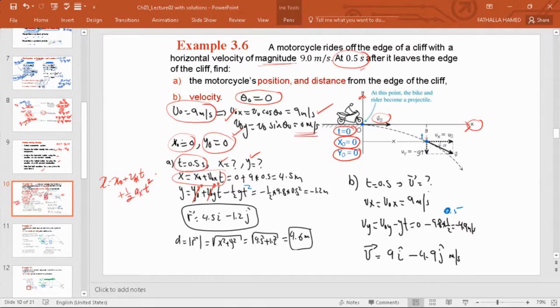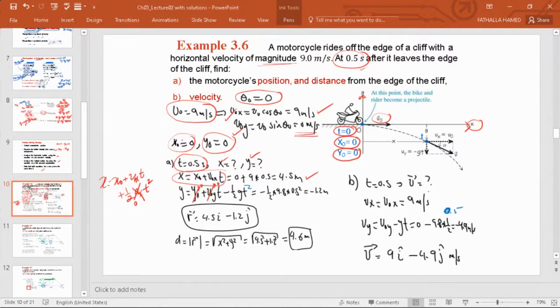But we said in projectile motion, this is equal to 0, so it's gone. So that's what you have. X is equal to x0 plus v0x t. So you start with here, the x0 is 0, and the v0x is 9 times 0.5, and you get 4.5 meters. So that's your x position after 0.5 seconds.